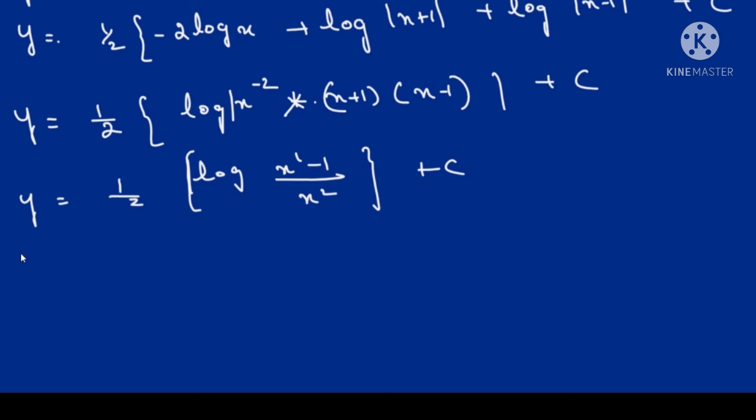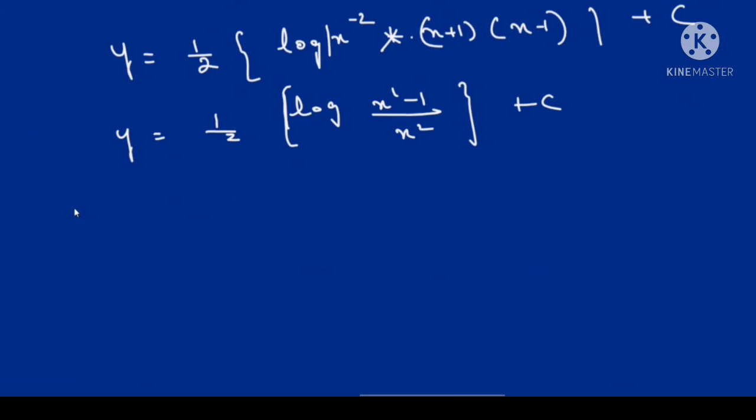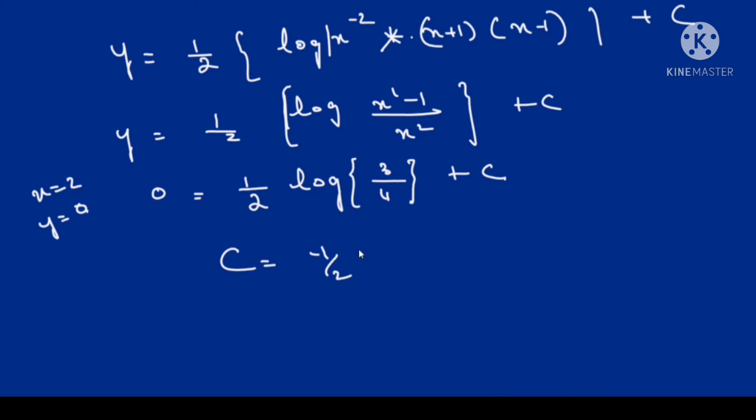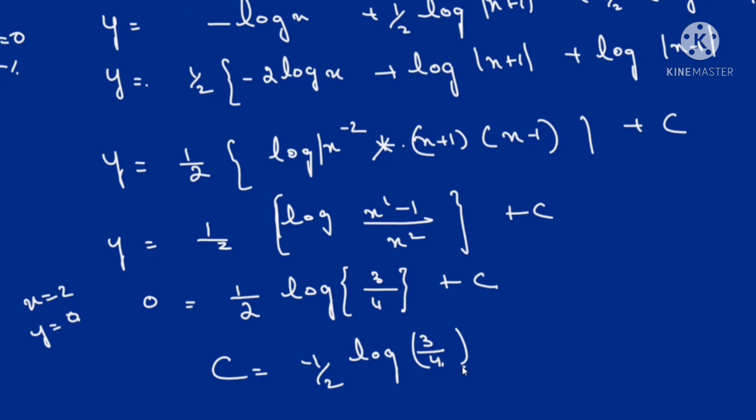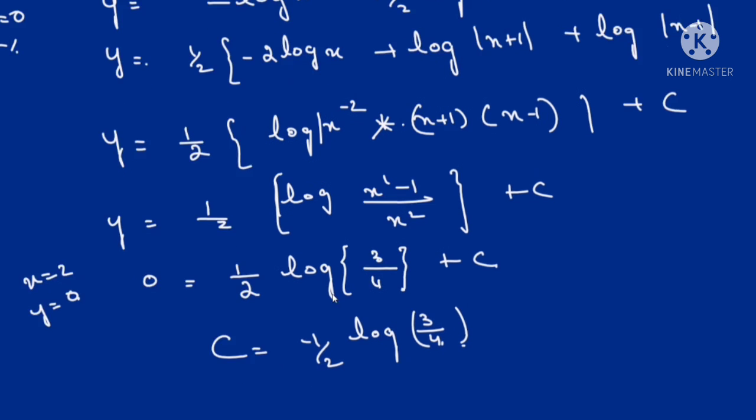Now put the value, they are given some values here, x is 2, y is 0. So 3 by 4. C is minus half, take the other side, log 3 by 4. So put that constant c back here.